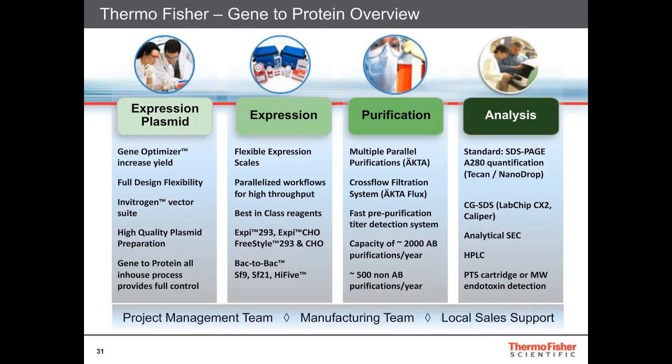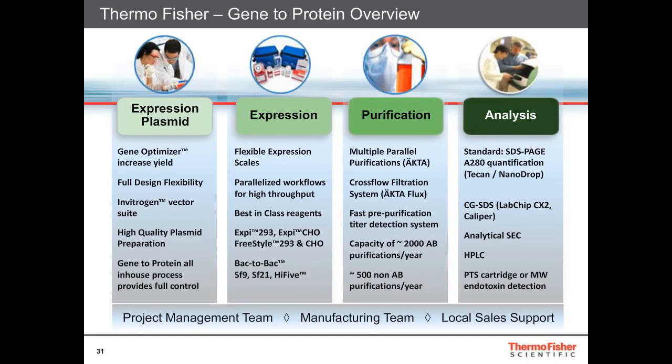We are quite flexible in expression scales, and we are very experienced with parallelized workflows for high throughput of your project. So if you have multiple targets that you want to have produced, we are very experienced doing that.